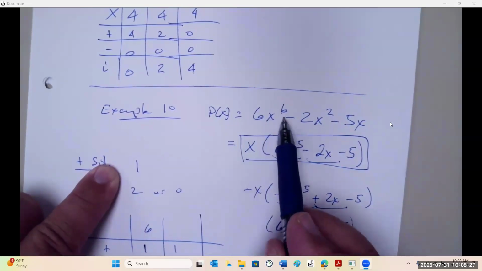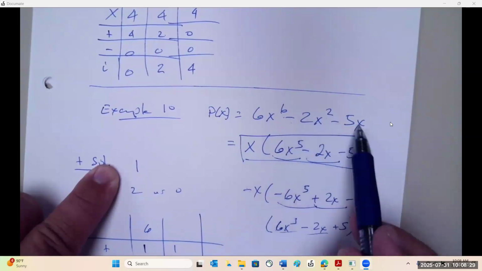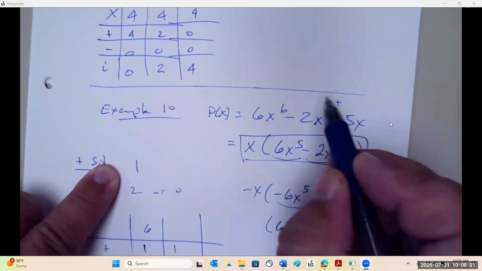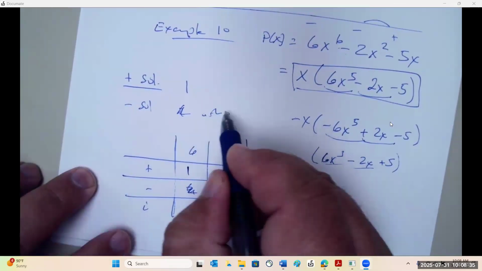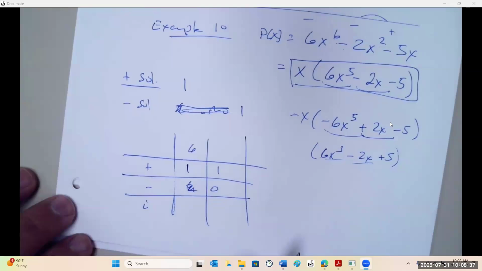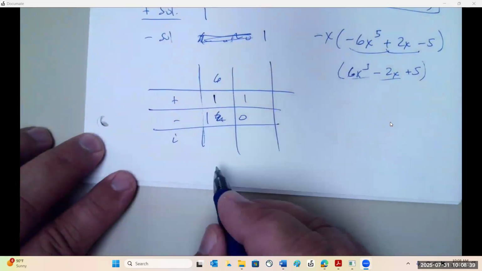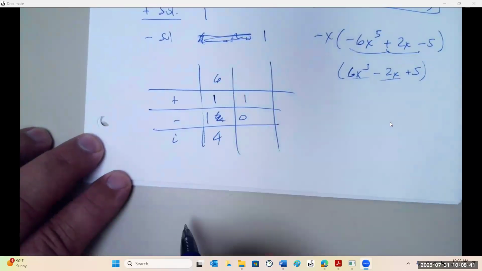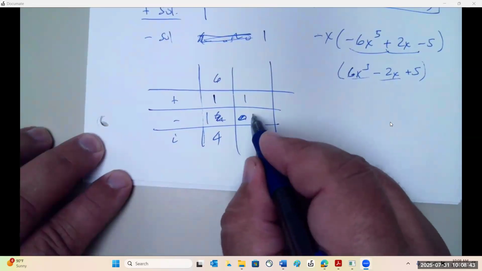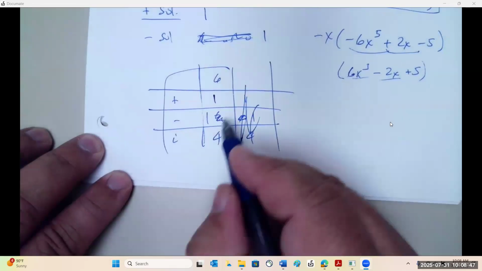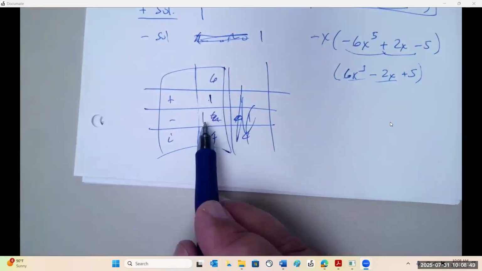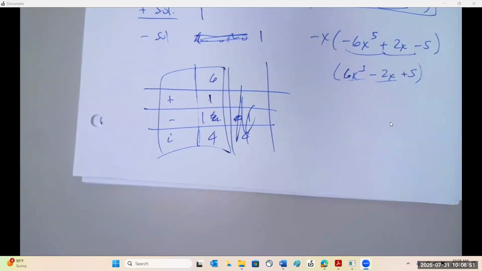No, because it's even. Does that one change? No, it's even. The only one that changes is this one. So we only have one sign change for negatives, which means we're going to have 4 of those. So the only possibility is we're going to have 1 positive, 1 negative, and 4 imaginaries.